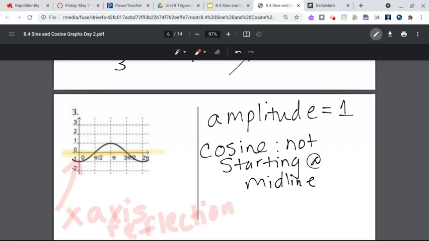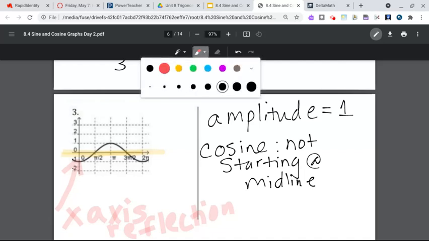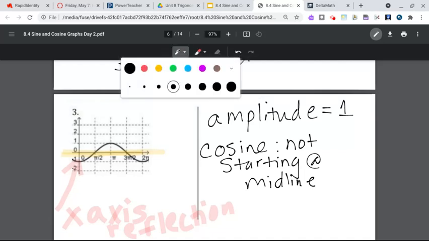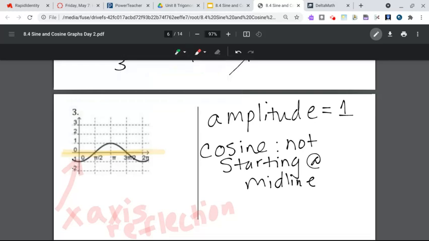Okay, so it's a cosine function. It is starting at its minimum, so it's an x-axis reflection. Its midline is y equals 0. Its amplitude is 1. And I notice one cycle of the graph, let me use green here. Remember we talked about max, midline, min, midline, max.